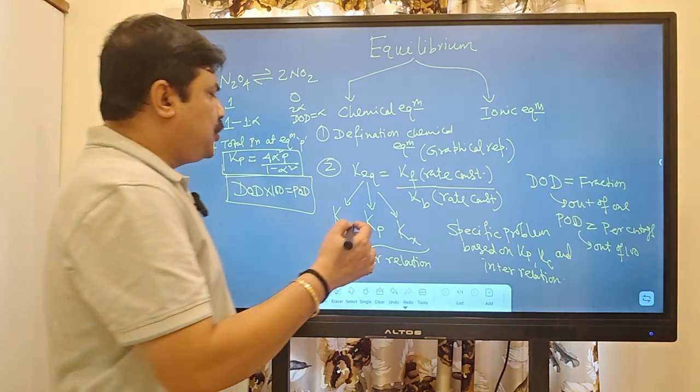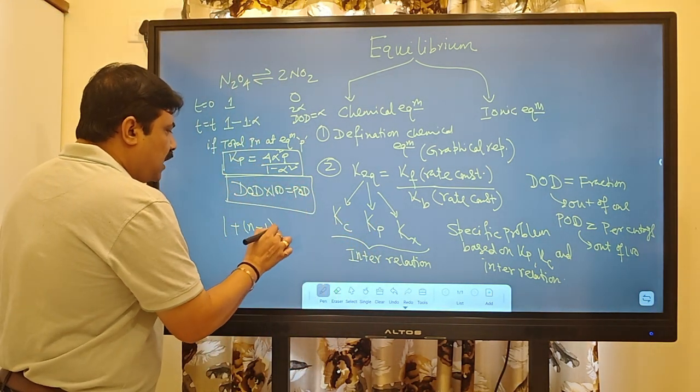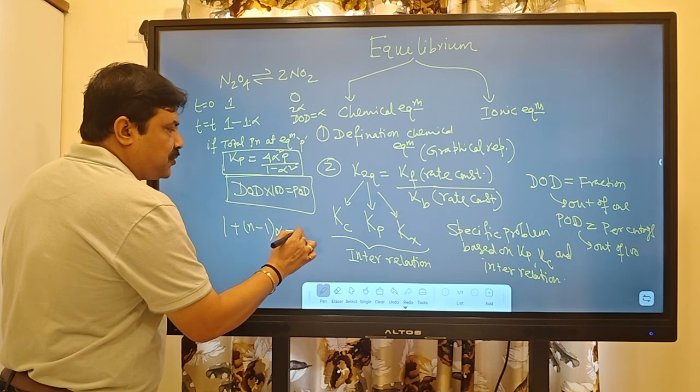And again you need to know that 1 plus (n minus 1) into alpha equals capital D by small d, where alpha is the degree of dissociation.